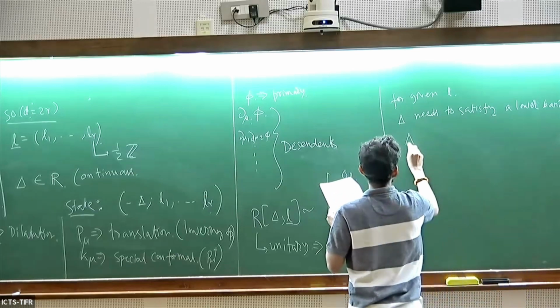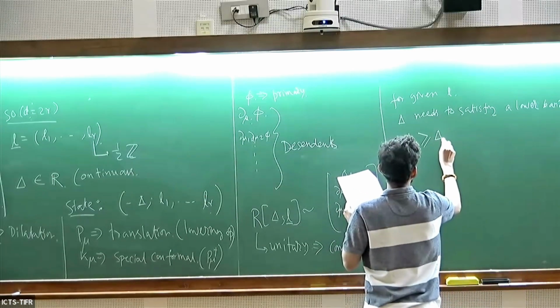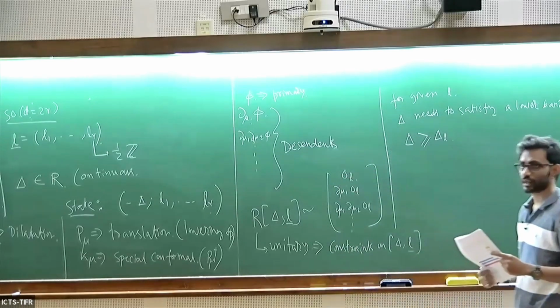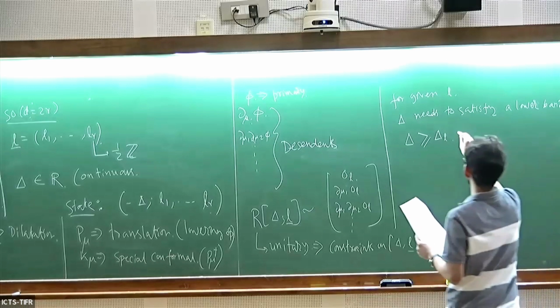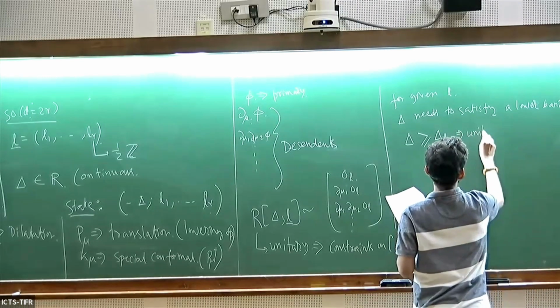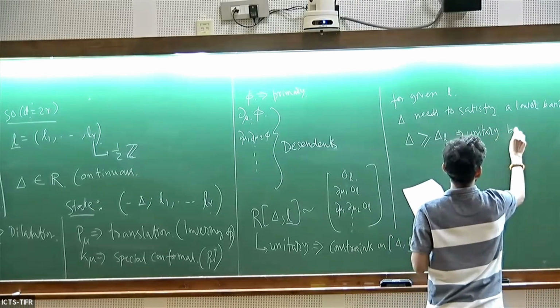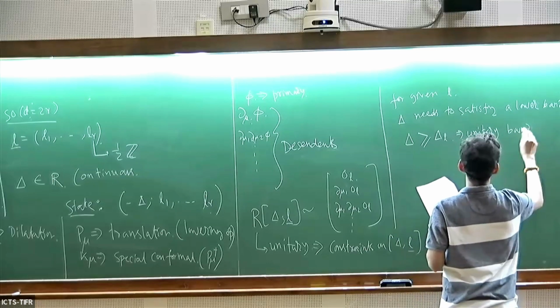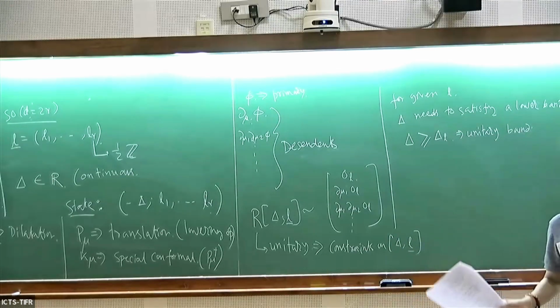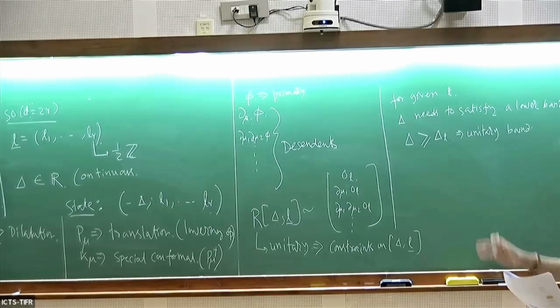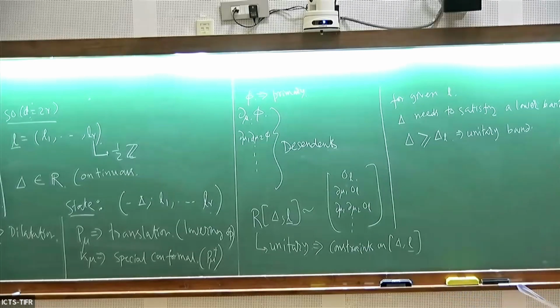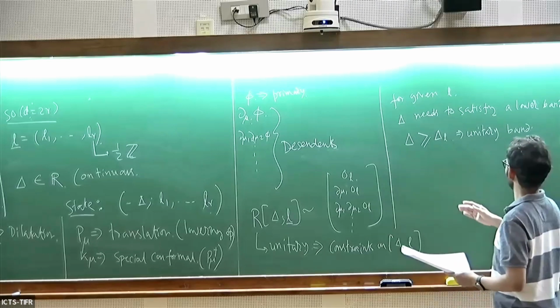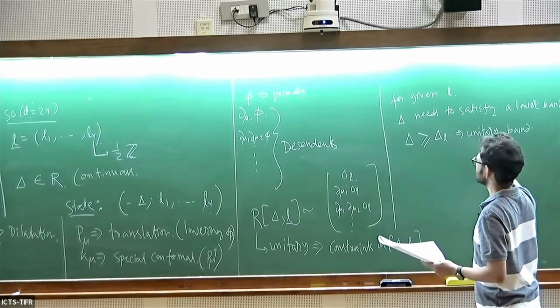And this bound is called the unitary bound. Not all representations will satisfy this bound, but we are interested only in those representations which satisfy this unitary bound.